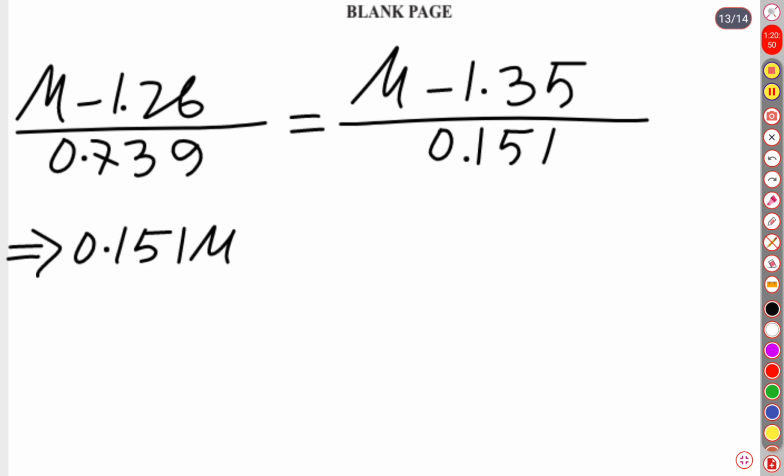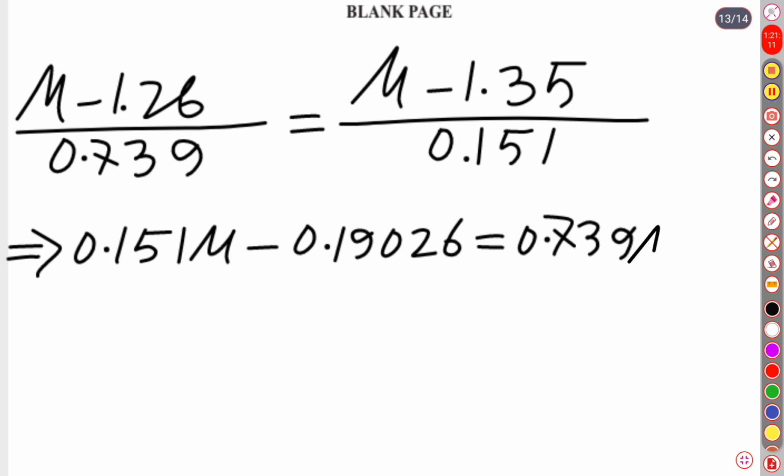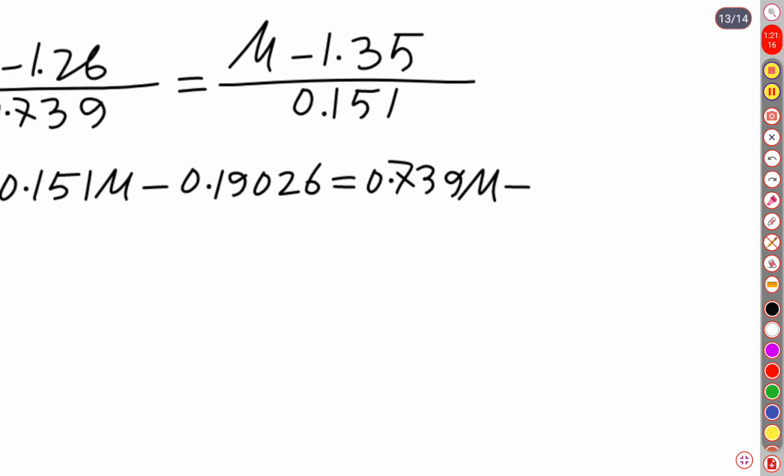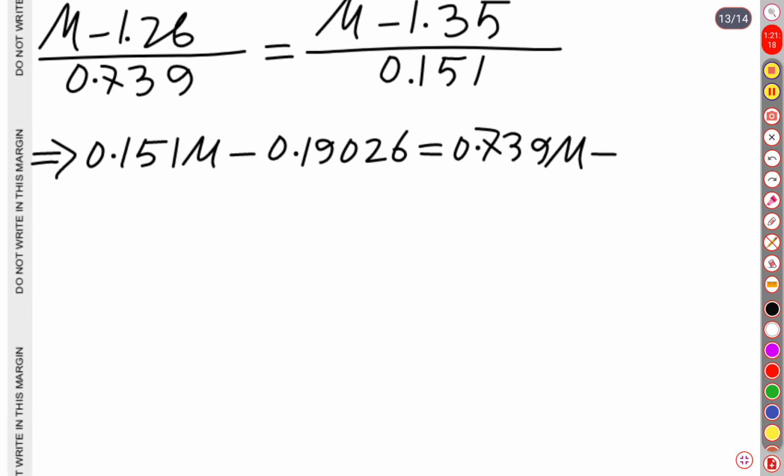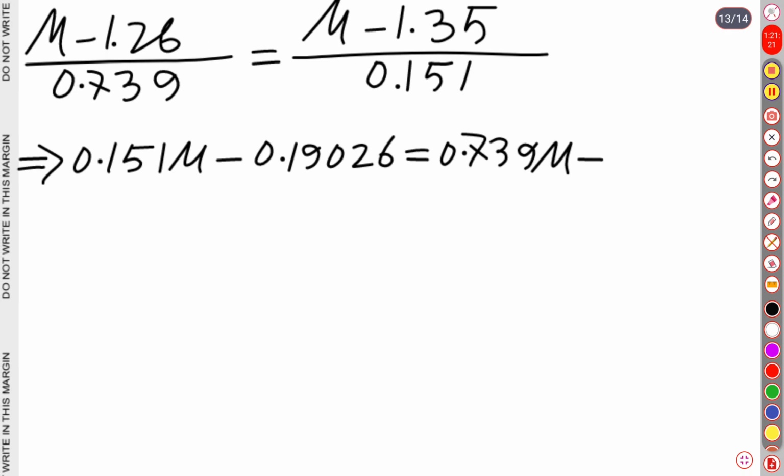0.151 mu minus, if we multiply 0.151 into 1.26, it is going to be 0.19026, equal to 0.739 mu minus, if we multiply 1.35 by 0.739, it will be 0.99765.